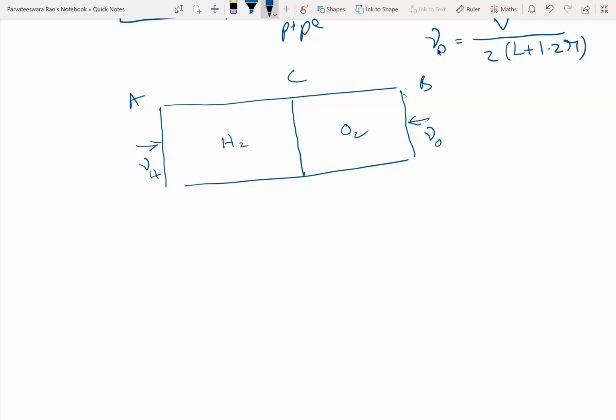Under the experimental conditions, the velocity of sound in hydrogen and oxygen are 1100 meters per second and 300 meters per second.